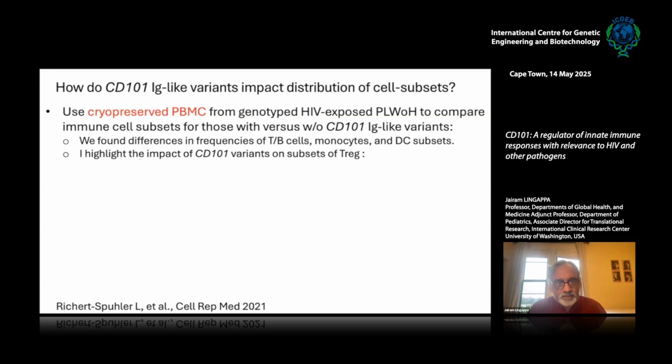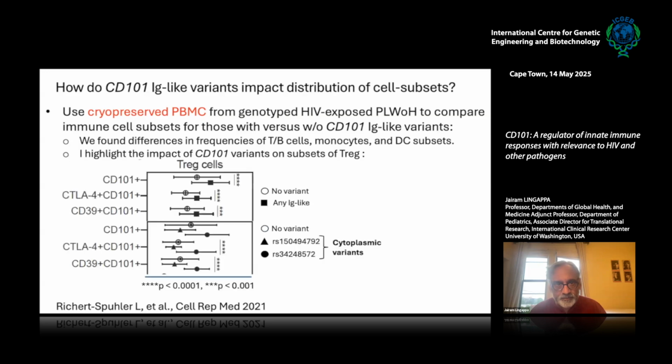And we found differences in the frequencies of T and B cells, monocytes, and dendritic cells. But I'm going to highlight the specific impact of CD101 variants on subsets of regulatory T cells. So this figure, this whisker plot, shows on the top box a comparison of different subsets of regulatory T cells among people with no variants in the circles and people with any Ig-like variants in the boxes.